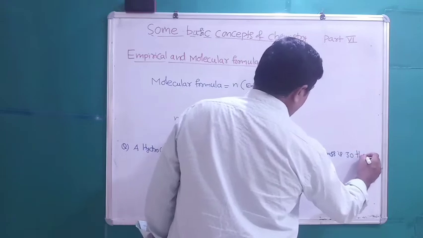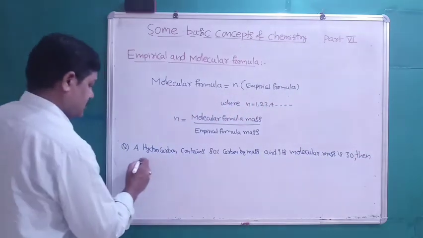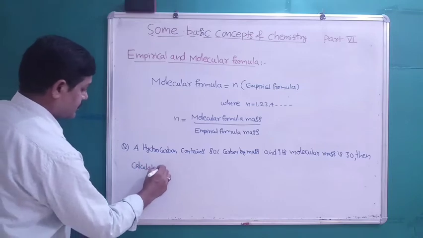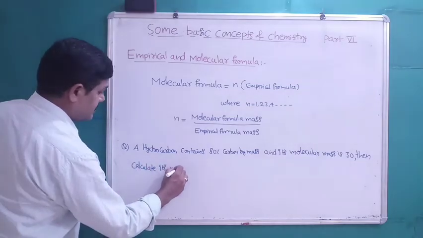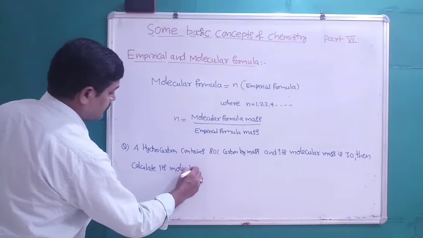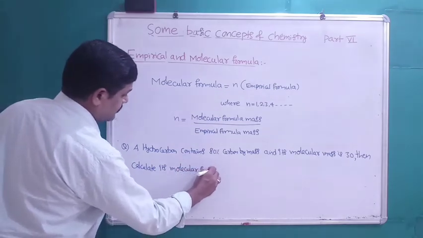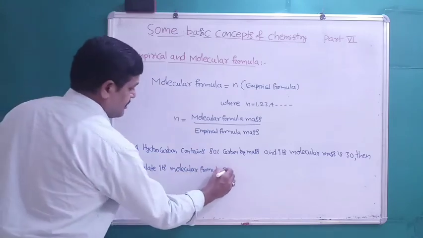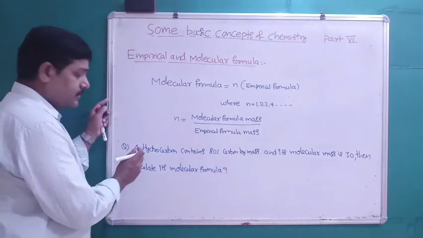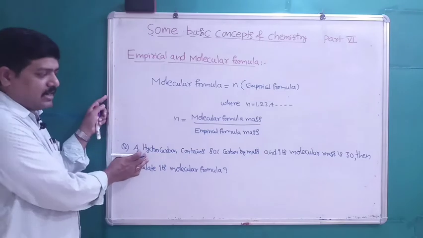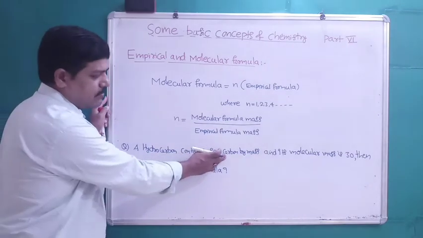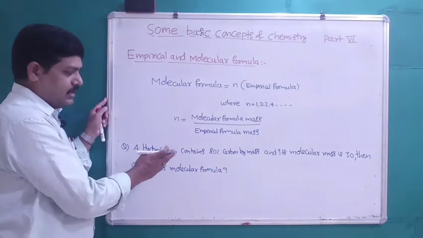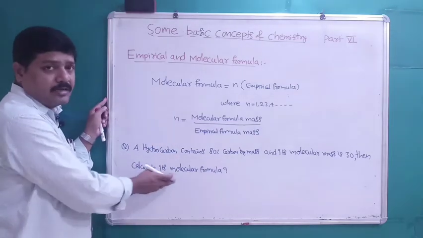Then calculate its molecular formula, right? So let us solve this question. Question is given: a hydrocarbon contains 80% carbon by mass and its molecular mass is 30. Then calculate its molecular formula.